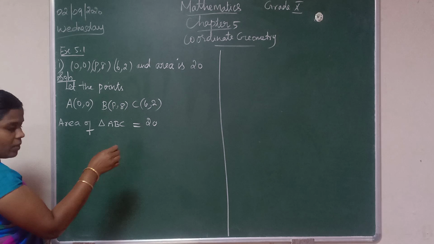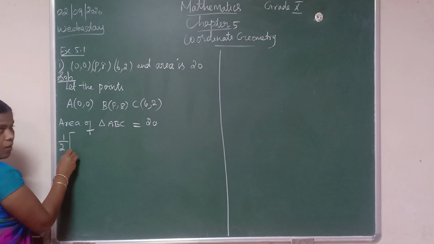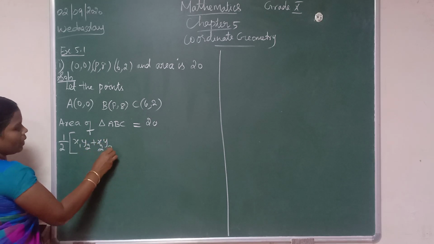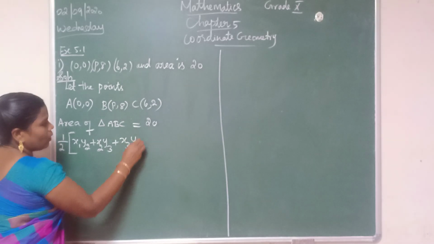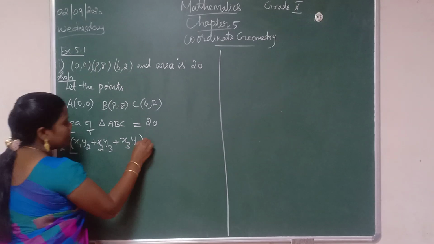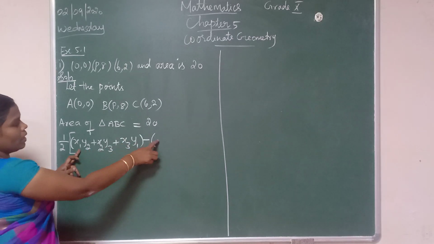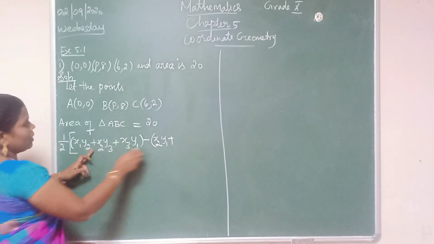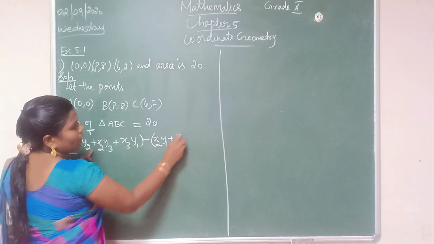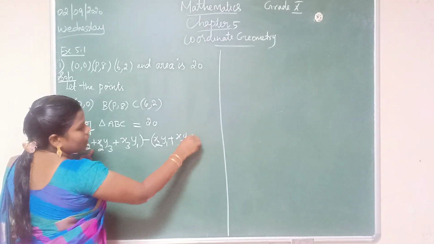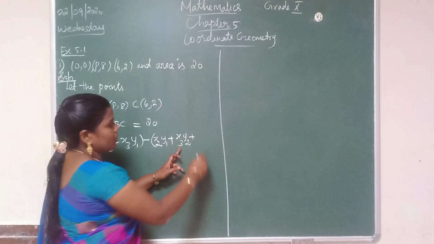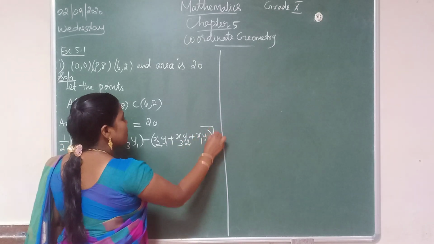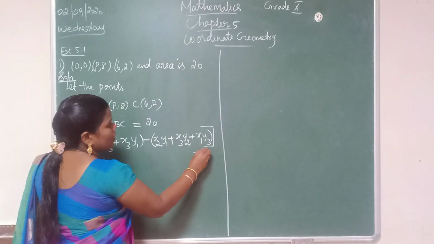Let's write the formula. Area of triangle ABC equals 1 by 2 into, open bracket, x1 y2 plus x2 y3 plus x3 y1, close the bracket, then minus, open bracket, x2 y1 plus x3 y2 plus x1 y3, close the bracket, is equal to 20, which is given.